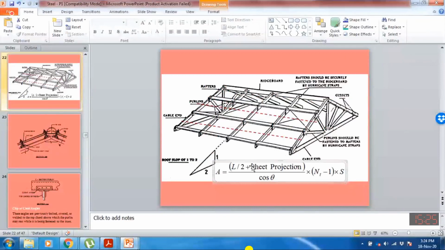If we multiply with the s here, then we will have this inclined cover area. And if we multiply with the total number of trusses minus 1, if we are having 5 trusses, then we will have 4 panels or 4 segments that we need to cover. So that will be the total area on one side. And if you multiply with 2, then we will have the total area on the other side. So that is the total area of the roofing system that we want to cover up.